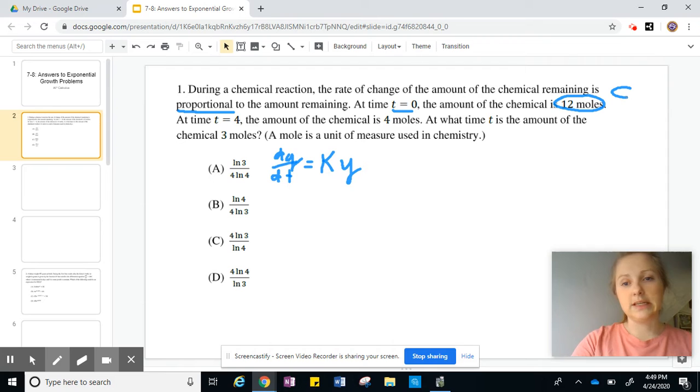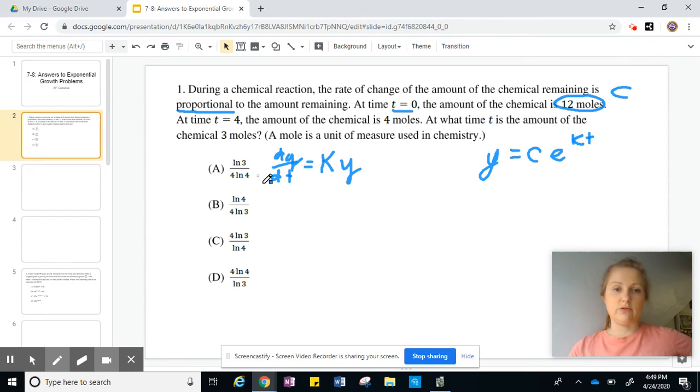So we know that when we're dealing with this, we're dealing with exponential growth. So these differential equations that are proportional to the amount, we're dealing with this formula here.